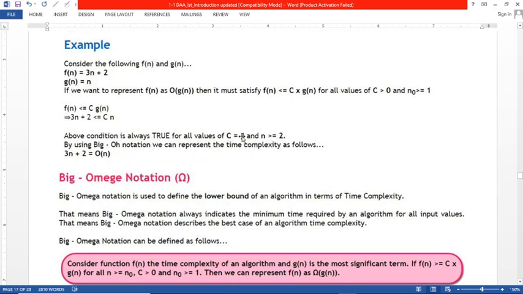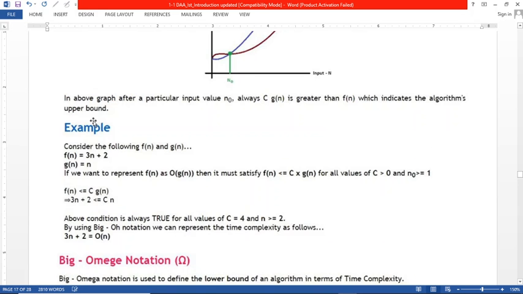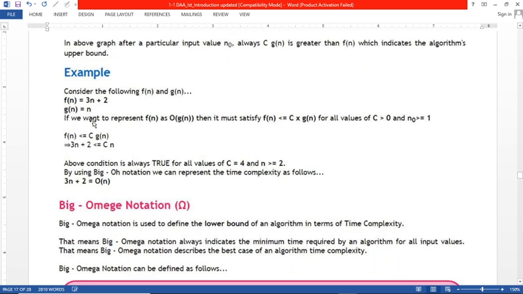What is c? 4. And what is n? n is 2. So 4 into 2 is 8. So 8 less than or equal to 8. This is satisfied. Then it is big O of n. So this is the answer for big O of n.